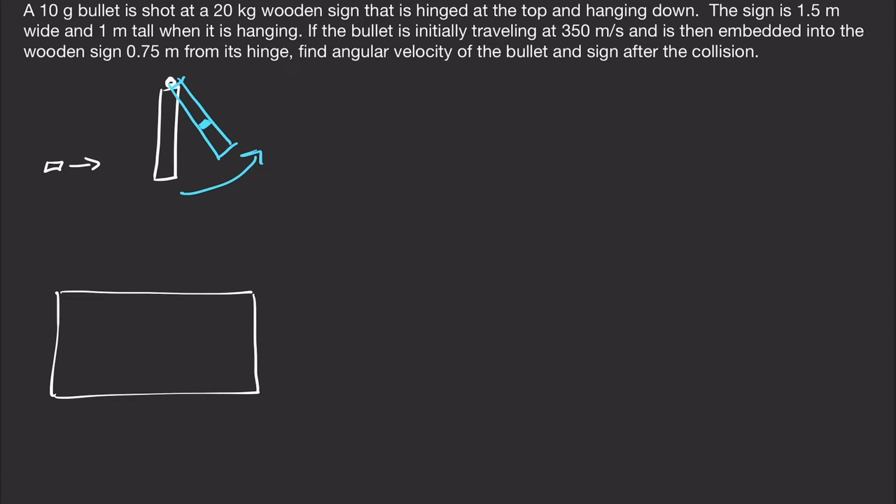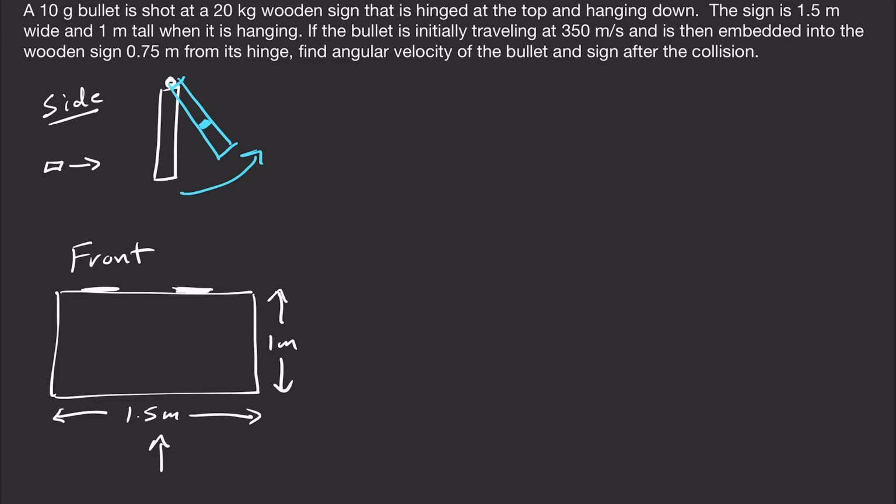So this would be a side view. In the front view, show the sign hinged at the top, and then it is 1.5 meters wide and 1 meter tall. Okay, so the bullet's going to kind of go this way.